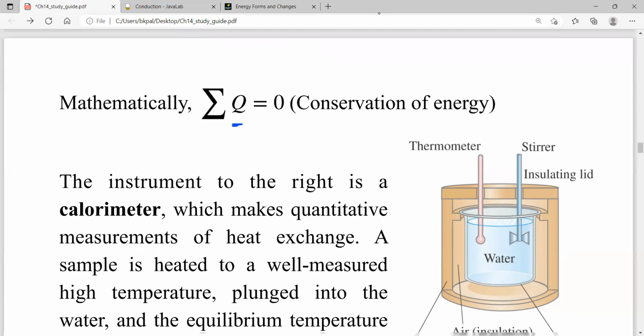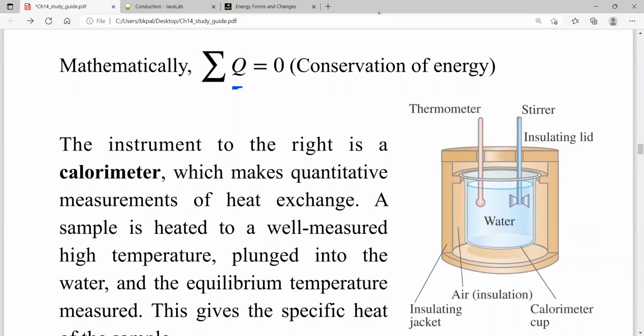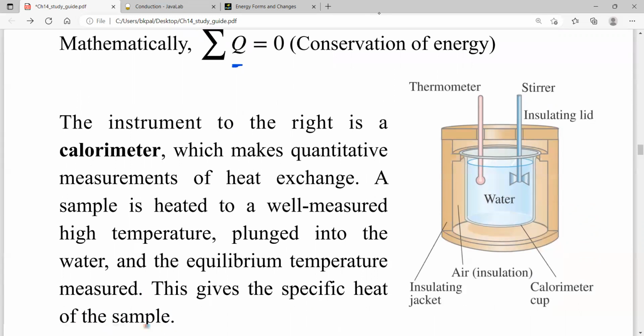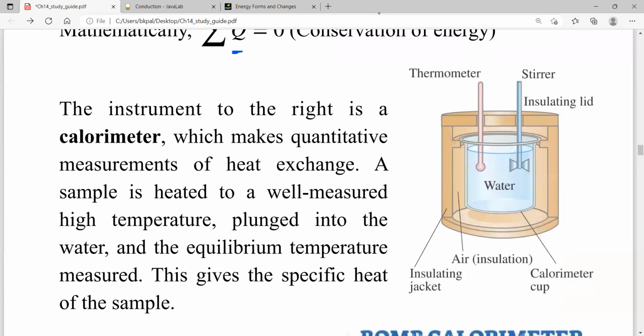Now we are ready to understand calorimetry. Calorimetry is basically used to measure the specific heat of some object. A calorimeter looks something like this. It has an insulating jacket, and then air insulation. That helps keep the system inside as an isolated system.